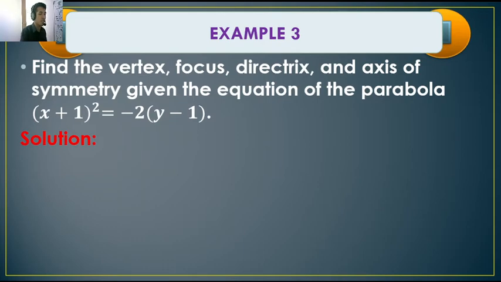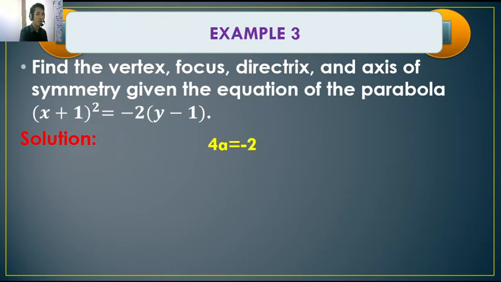Since x plus 1 is squared, x is the squared term, so we're going to determine our a. Since x is squared, the orientation of our graph is vertical, so it opens upward or downward. To check if it opens upward or downward, we need to find the value of a.